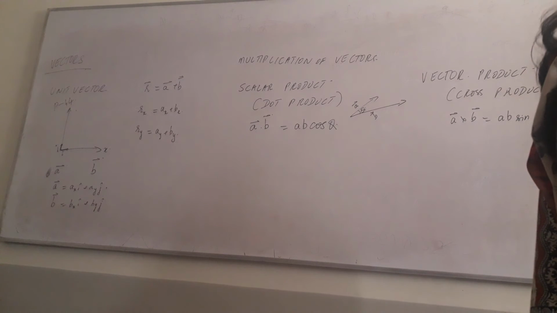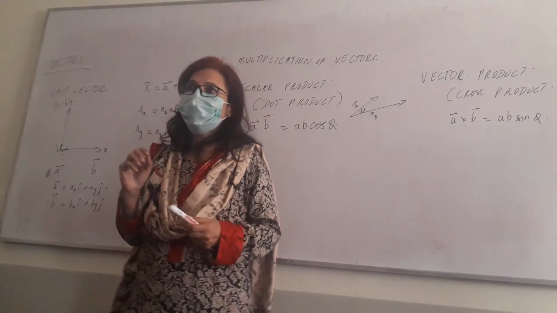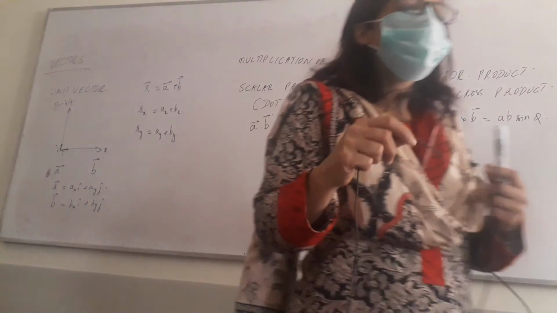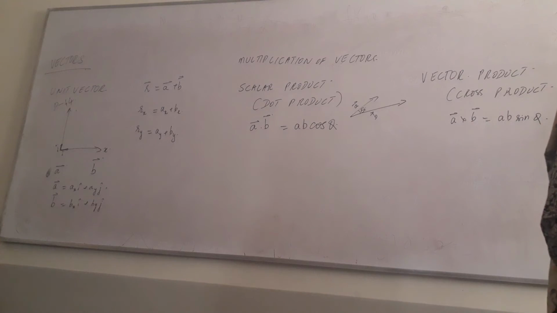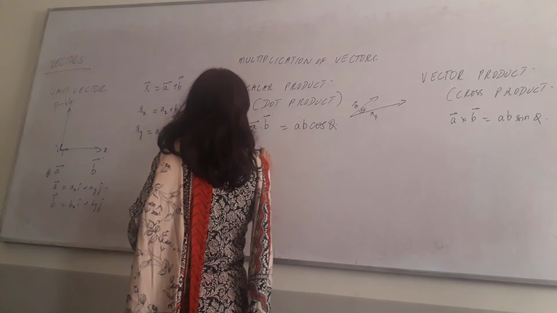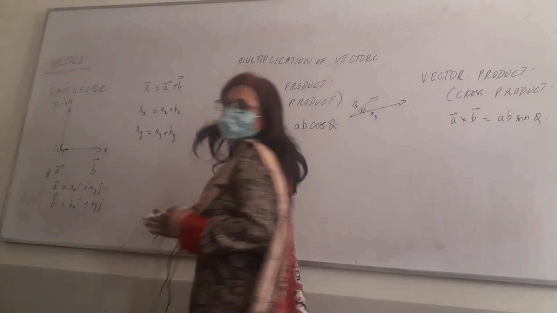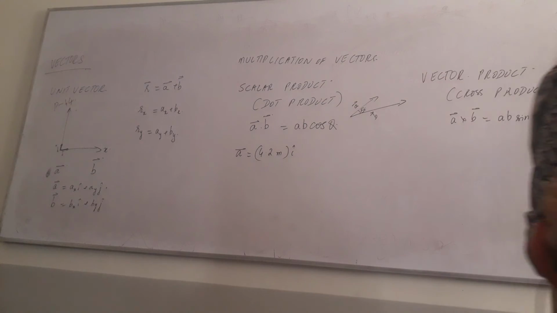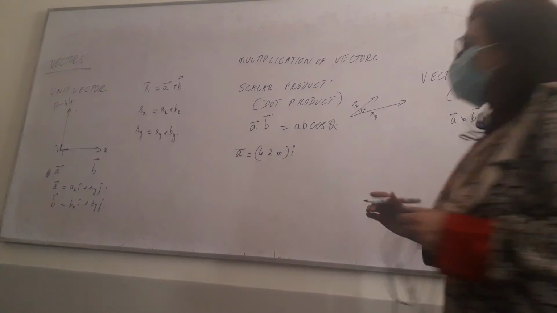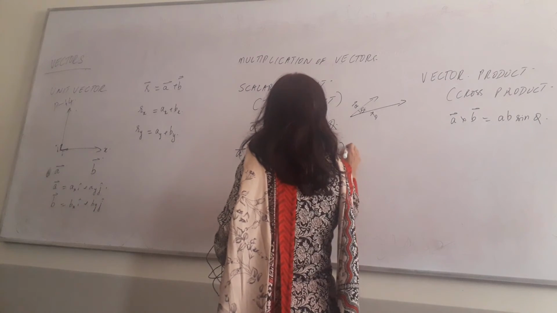Let us do a problem in order to understand the concepts that we have talked about. Let us say A is equal to 4.2 meters i minus 1.5 meters j.